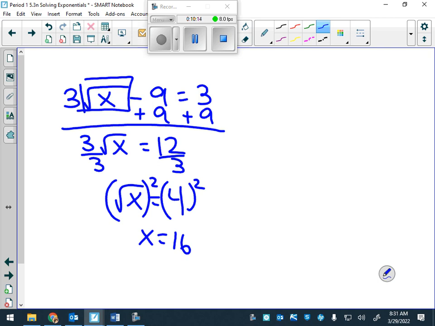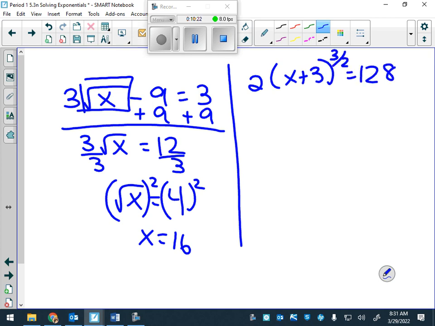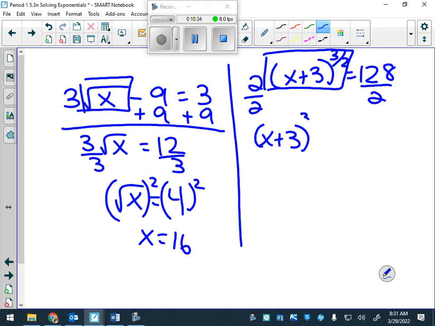Then for the one next to it, again, you want to isolate your parentheses to that exponent. So you divide by 2 first. x plus 3 to the 3/2 equals 64.